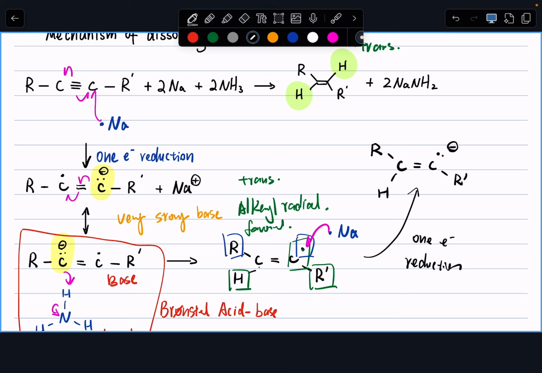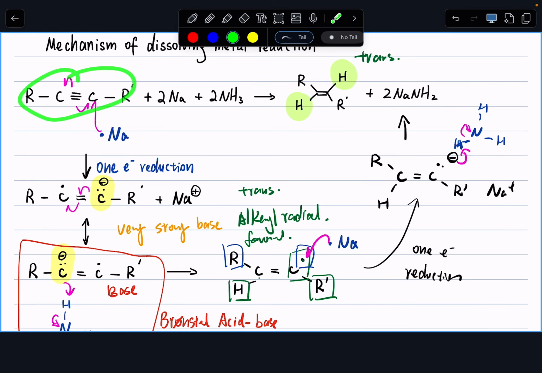Another Bronsted acid-base reaction takes place with ammonia. And we have Na plus around. And we end up generating our product. In this reaction, we're reducing an alkyne with an alkali metal, sodium or lithium, in liquid ammonia to form your alkene product in a trans stereoselectivity.